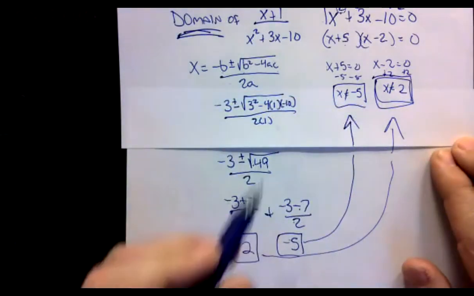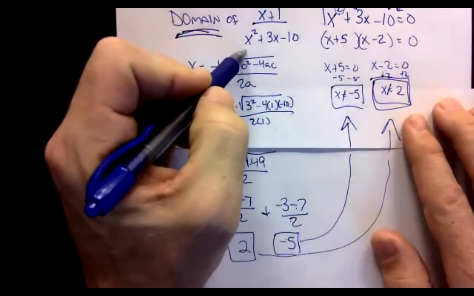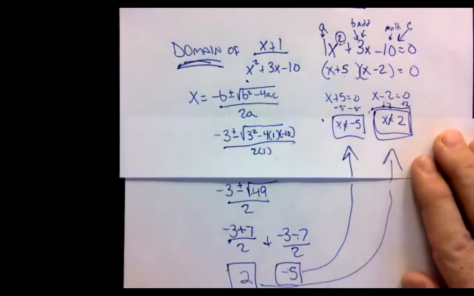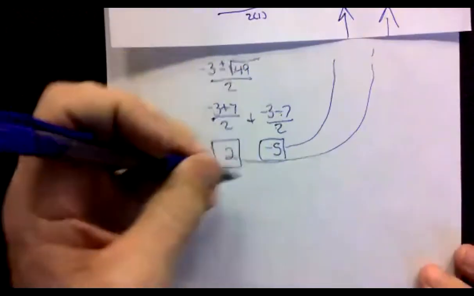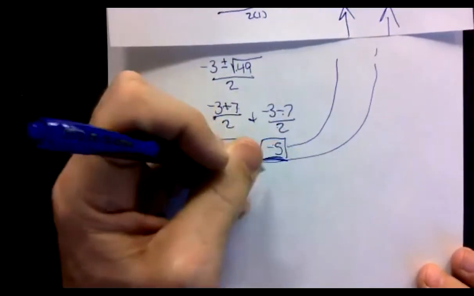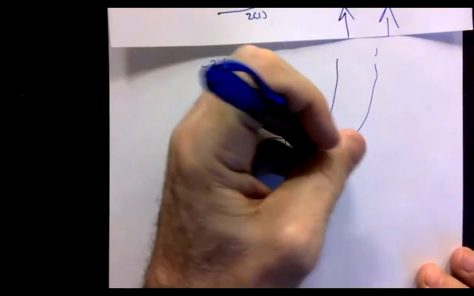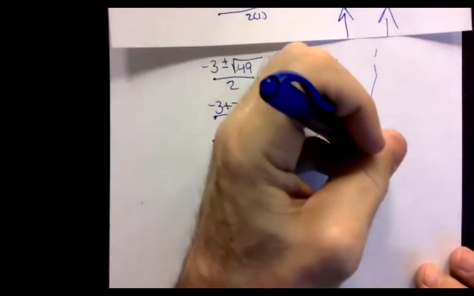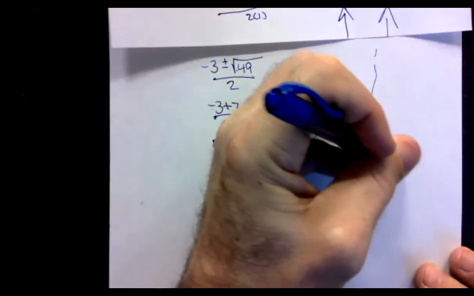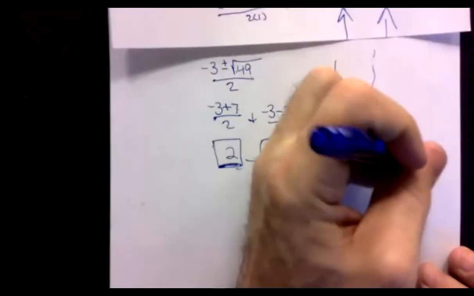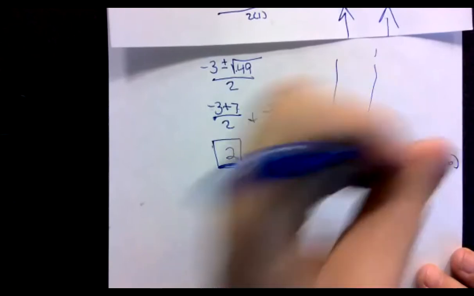All right. All of that to say, these are my solutions. These are the things that cause the bottom to be 0. So these are the numbers we want to eliminate from our domain. So again, the way we say that, and it's got to be in order, the smallest number comes first and the biggest number last: you can have from -infinity to -5, and then from -5 to +2, and then from 2 to infinity.